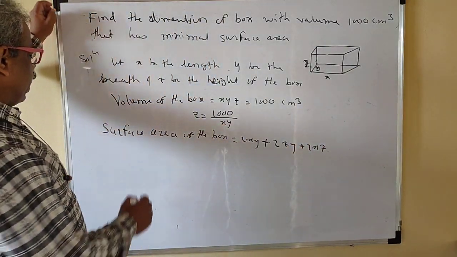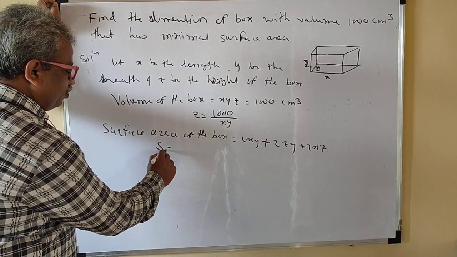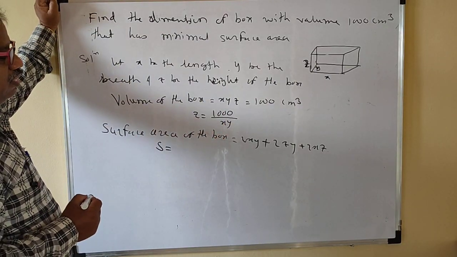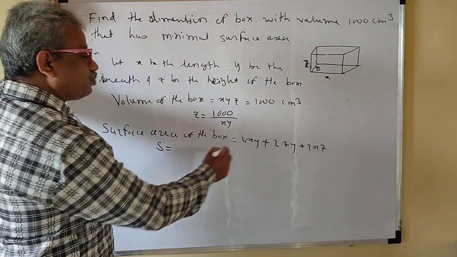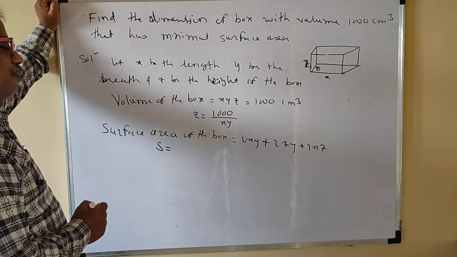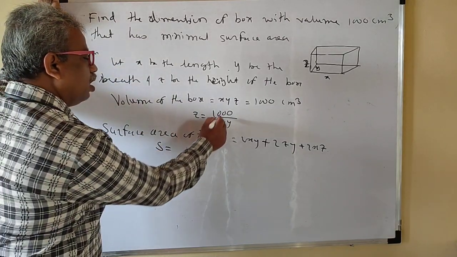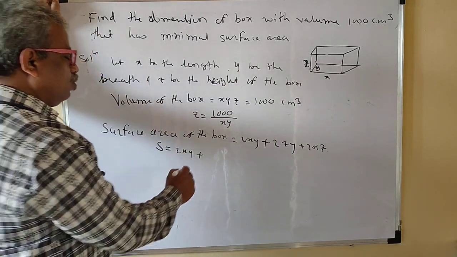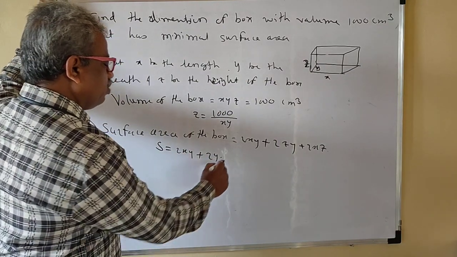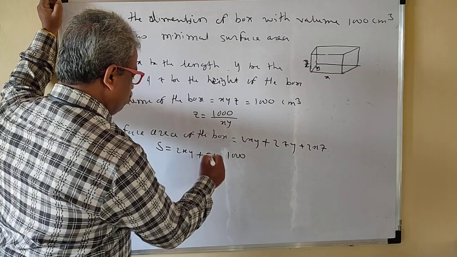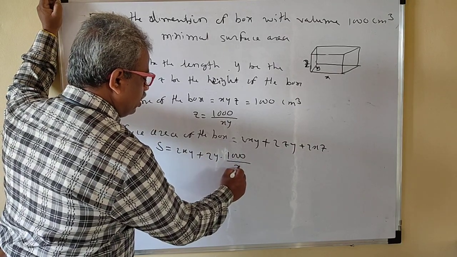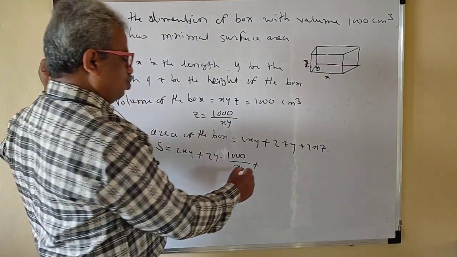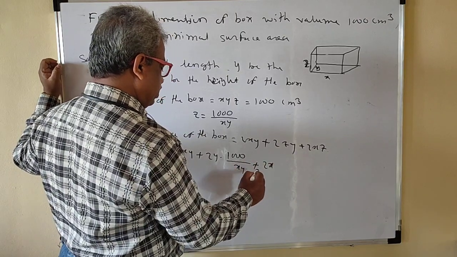Okay. So I will write this surface area as S, and I will convert this in terms of two variables. I will replace z with 1000 by xy. This is twice xy plus 2y as it is, with z equal to 1000 upon xy, plus twice x as it is.